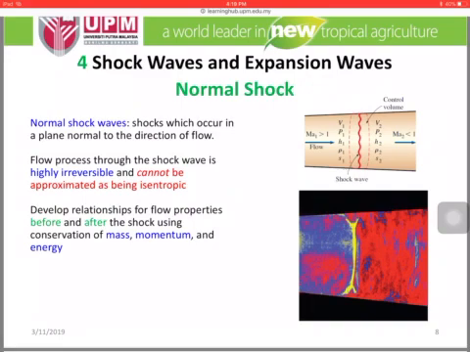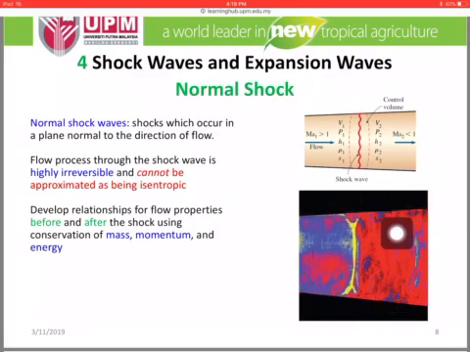So we develop the relationship for flow properties before and after the shock using conservation of mass, momentum, and energy. We want the relationship between the properties of the flow before and after the shock wave.